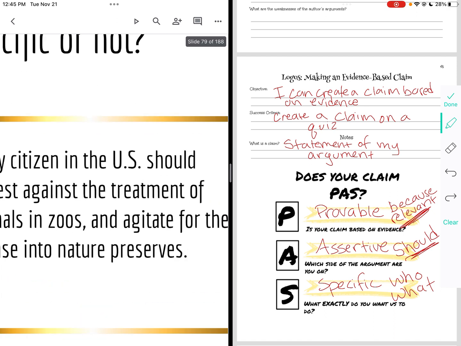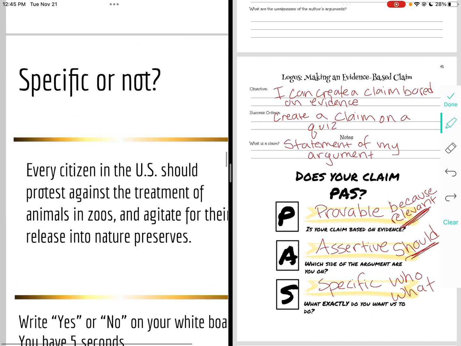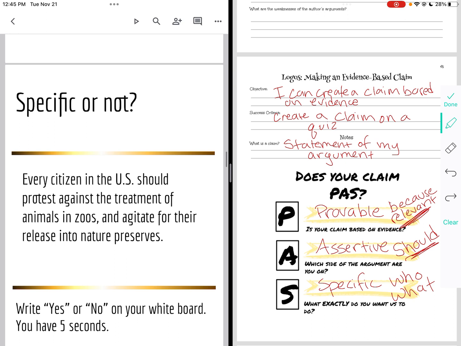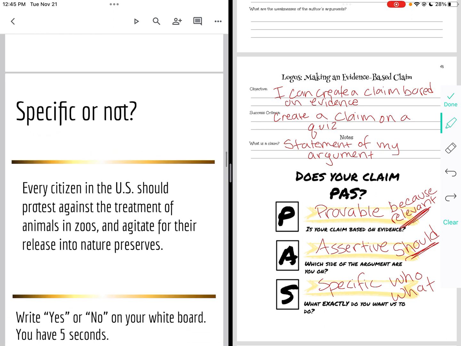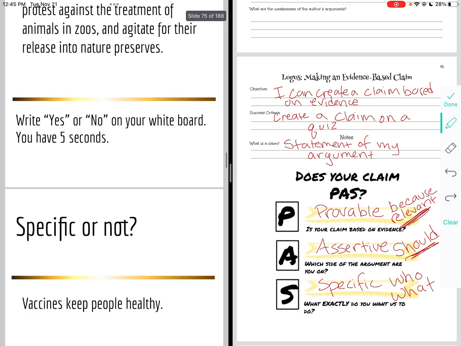What should they do? Protest against the treatment of animals in zoos and agitate for their release into nature preserves. So you can see this is definitely assertive. It has a "should." It's definitely specific. It's got a who. It's got a what. But it's not provable. We didn't put the word "because" and provide relevant reasons. So it is a very good specific claim, but it still needs some reasons attached to it.